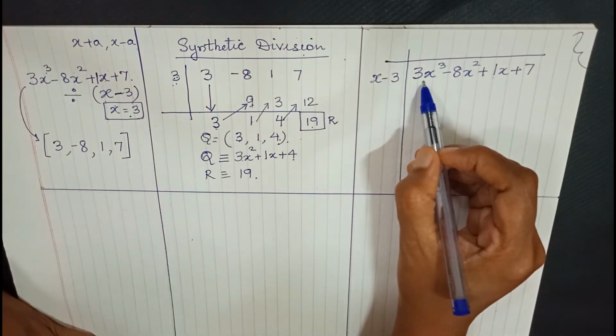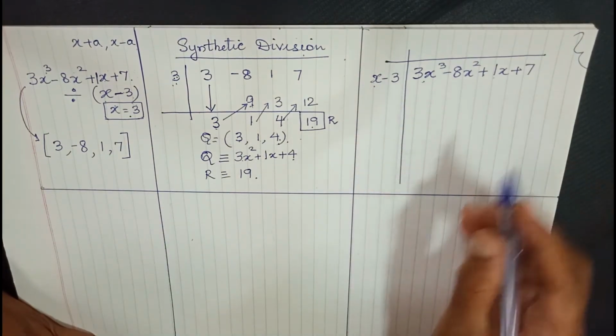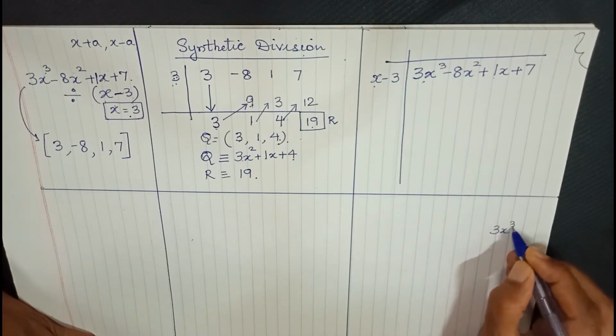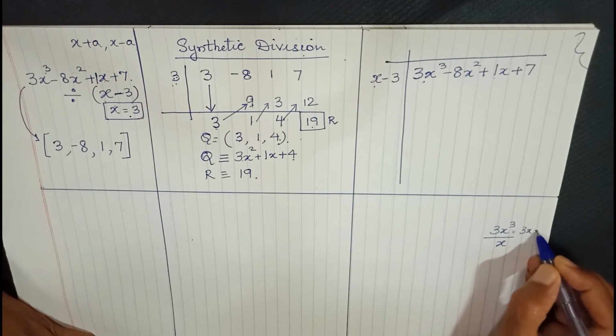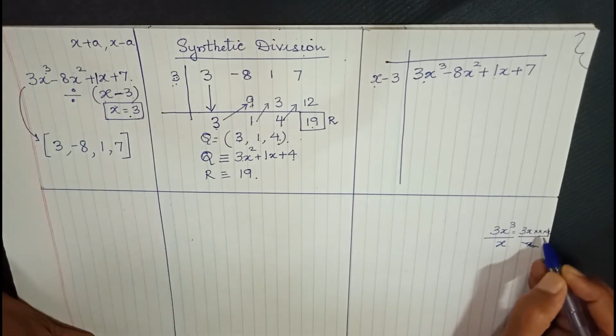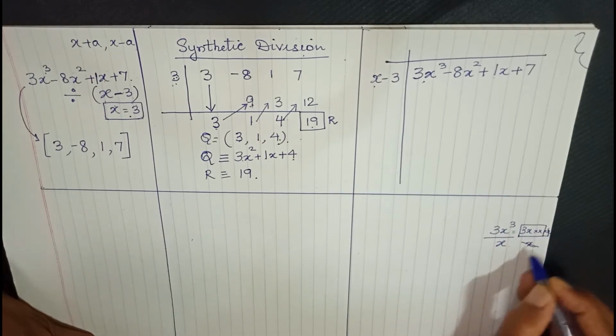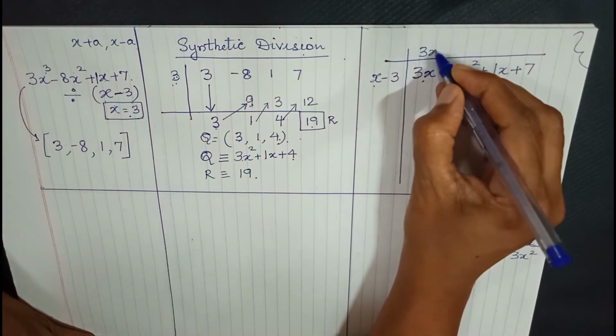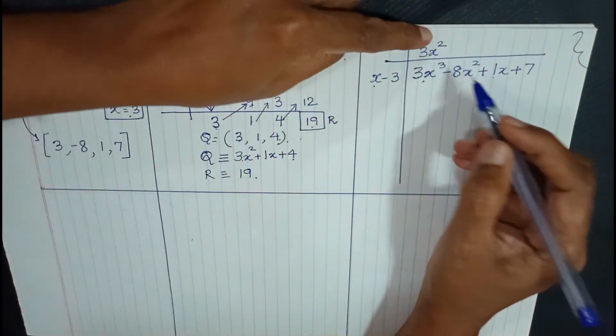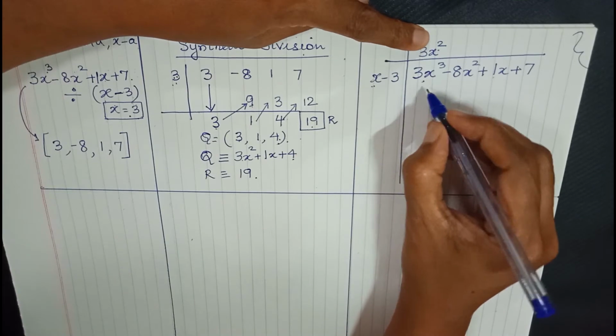To get 3x cube from x, what do we do? 3x cube should be divided by x. You know x cube can be written as x into x into x. So you see one x gets cancelled. What remains is only 3x square. So my first term here is 3x square. Now 3x square into x.